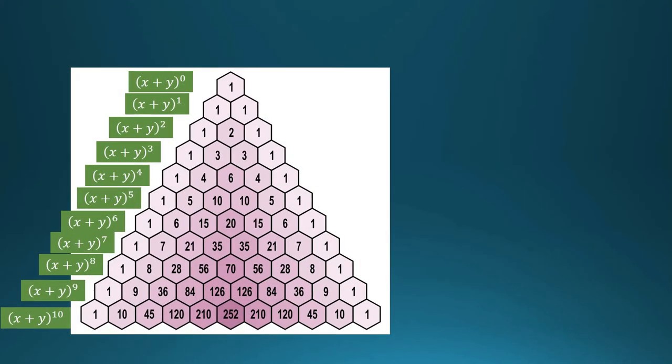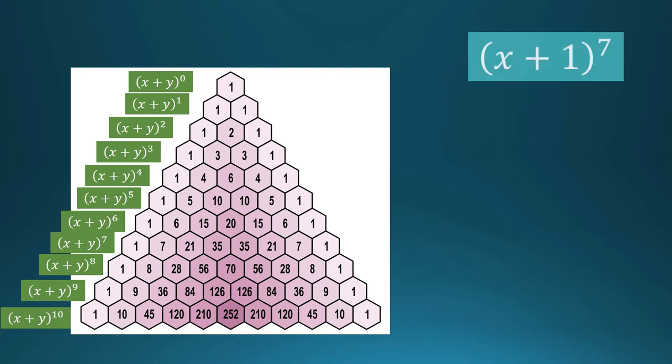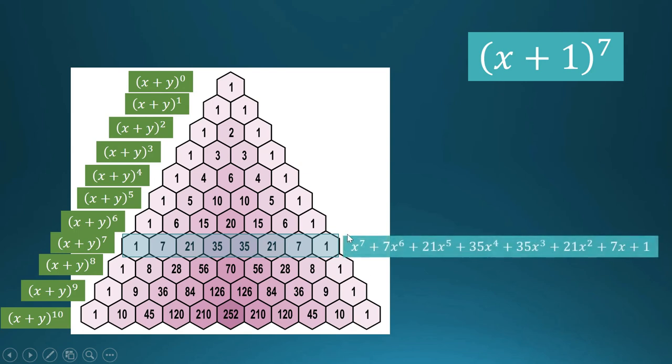Let's say, for example, our polynomial is x plus 1 raised to 7. So this is a degree 7 polynomial. We expect to have 8 terms. So let us look for the degree 7 row. These are the numerical coefficients of this polynomial. So 1, 7, 21, 35, 35, 21, 7, and 1.